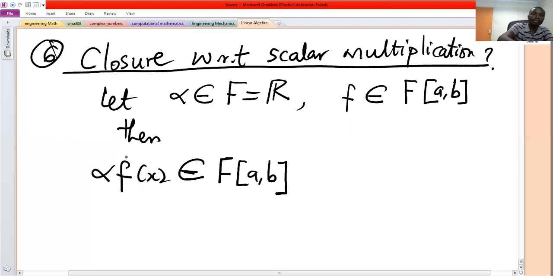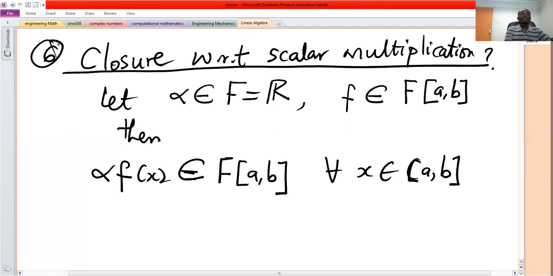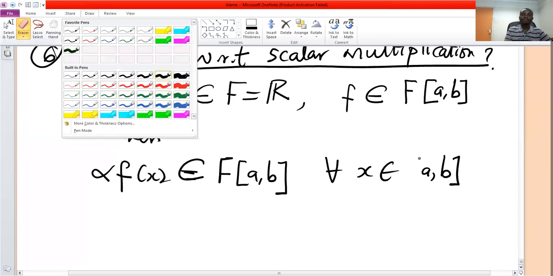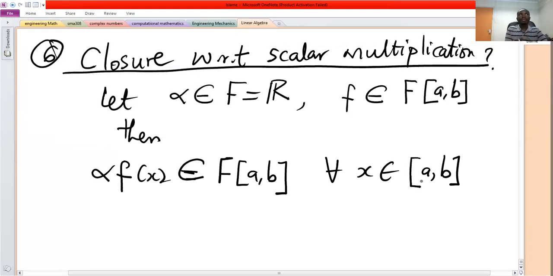So the scalar from F, when you multiply by the function, then you still get another continuous function within the same set in the interval AB.